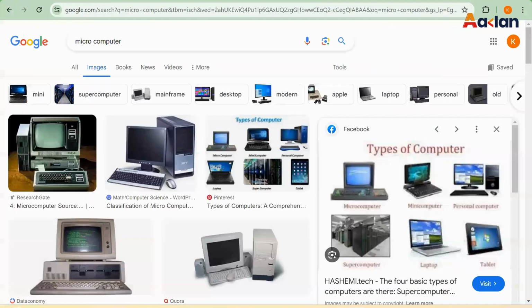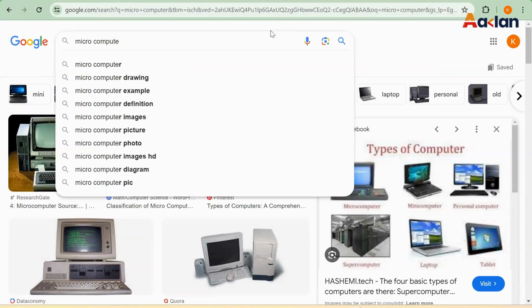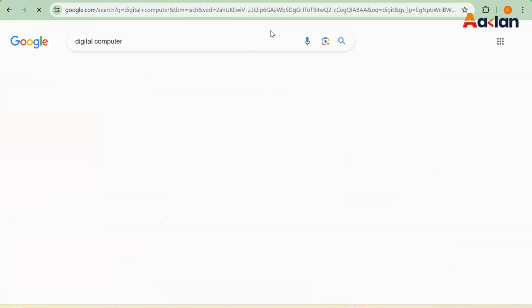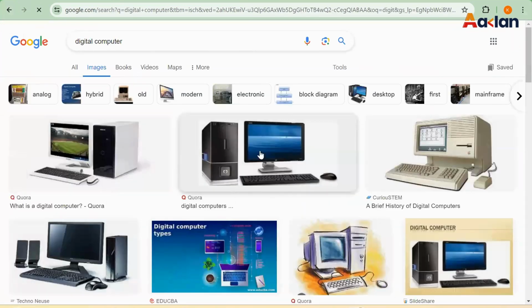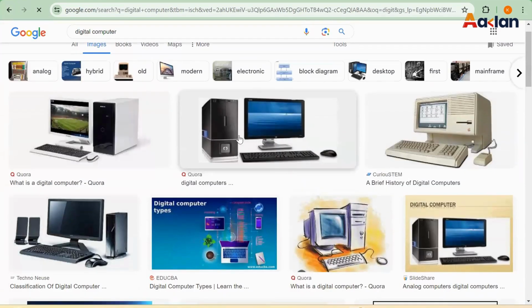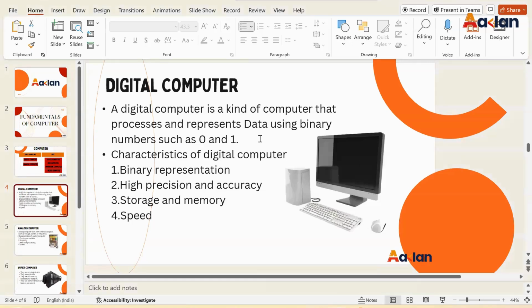If we see the image of digital computer on Google, it looks like that, right? It is used in our school labs. It has keyboard, input devices and output devices along with desktop and all, right? So now we are moving on to the next slide.